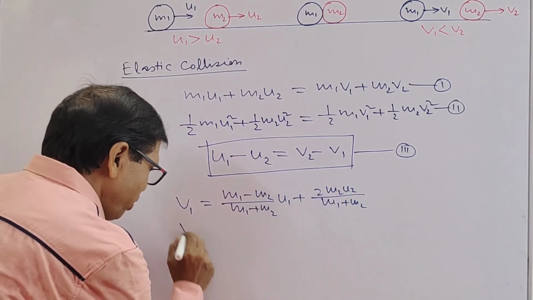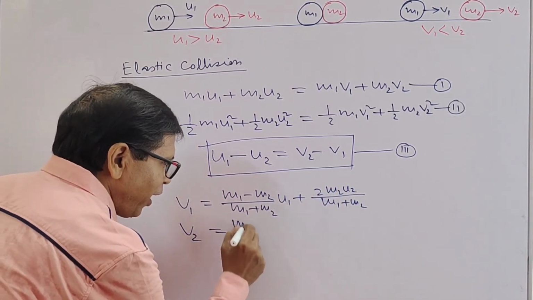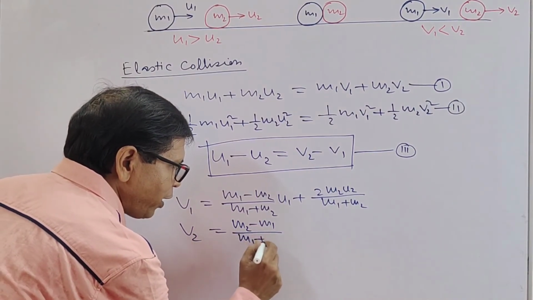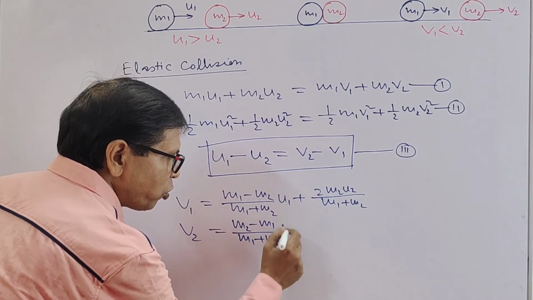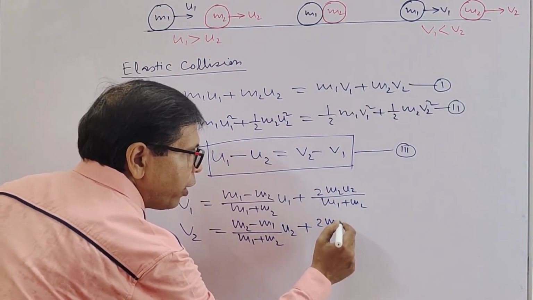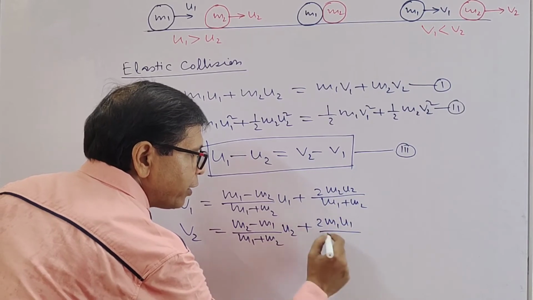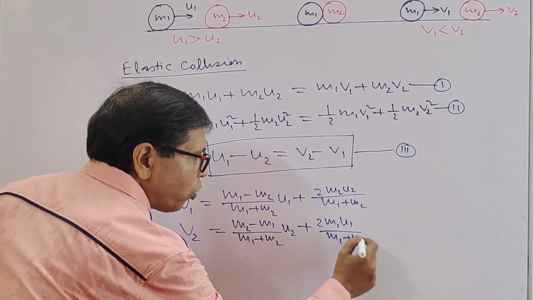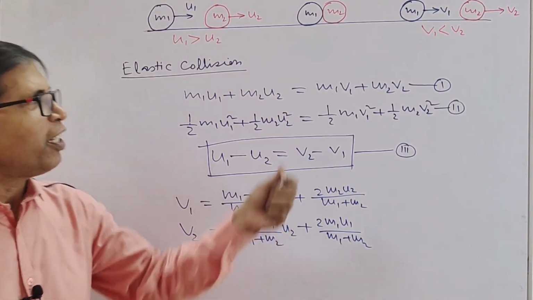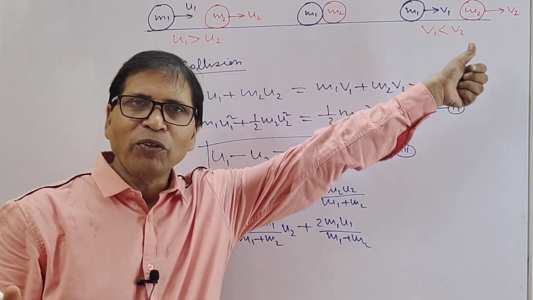So v2 is (m2 minus m1) divided by (m1 plus m2) into u2, plus 2m1 u1 divided by (m1 plus m2). These two relations give the final velocities of m1 and m2.